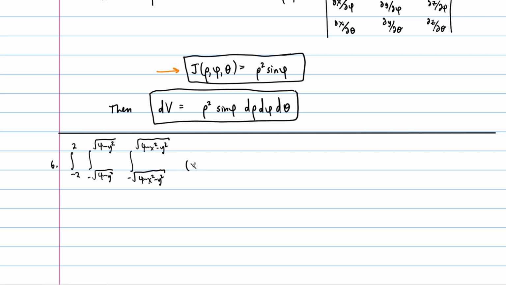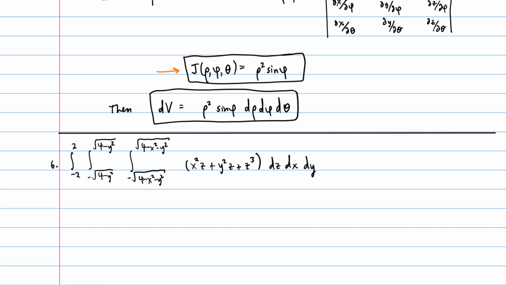And then the integrand here is x squared z plus y squared z plus z cubed, and this is dz, dx, dy. We want to work out this integral.